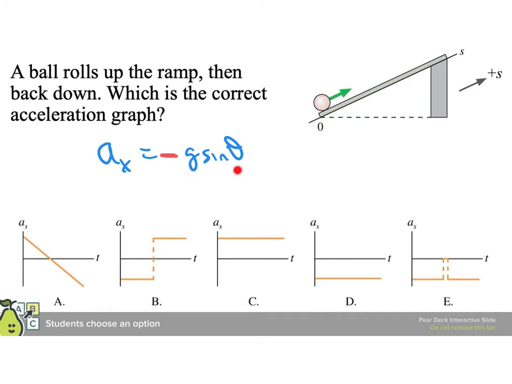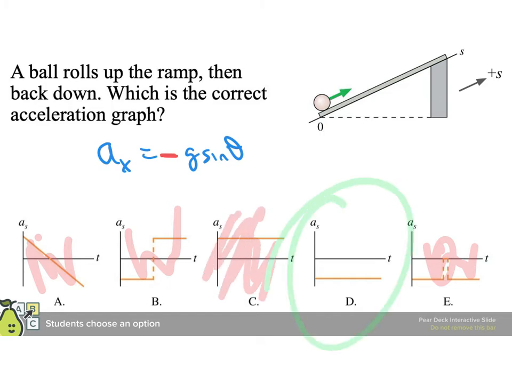One, the acceleration has a magnitude that's constant, it's g sine theta, and two, it should be always negative. So not constant, right? If we start looking here, not constant, not constant, not constant, close to, but because of that, not constant. And then we also have not negative. So we're left with this one as our answer.